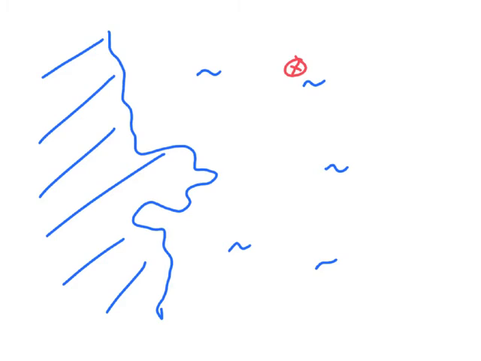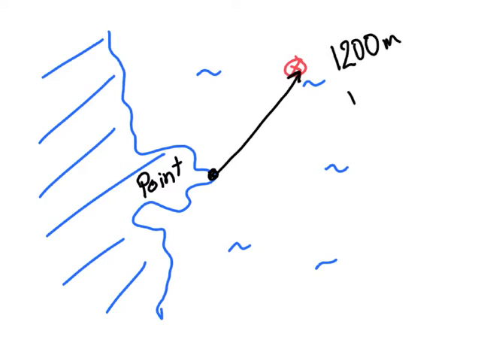However, we don't have a GPS on board, but we do have some navigation instruments like a compass, etc., and we can determine from that with respect to the point, we are 1200 meters northeast of the point.